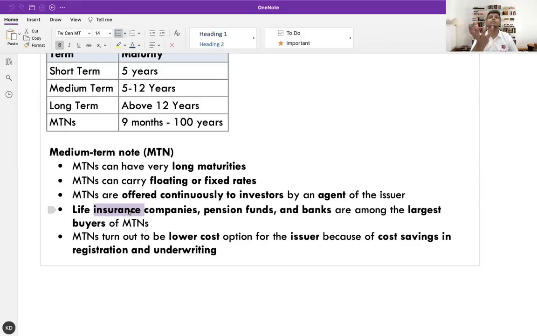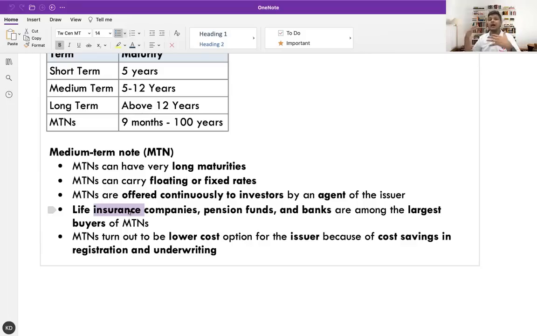So you may have a medium-term note of, let's say, 18 months, or a medium-term note of, let's say, 7.5 years. Such notes are very lucrative for insurance or pension funds, because they may have a liability coming at 7.5 years, or at 18 months. So medium-term notes are very famous with these organizations.